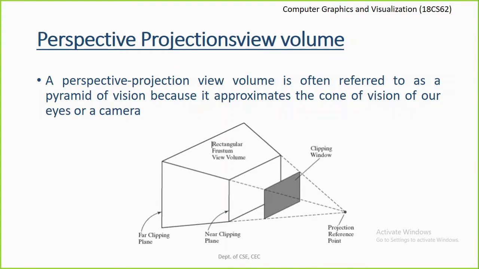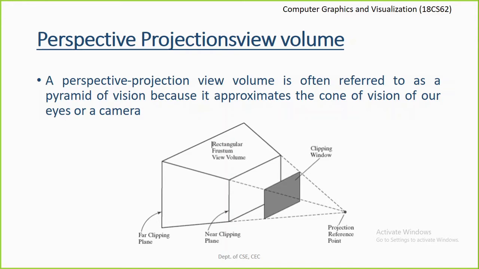Till now we have discussed the view volume related to the orthogonal or orthographic projections. So let us try to understand what is the shape of the perspective projection view volume. A perspective projection view volume is often referred to as a pyramid of vision because it approximates the cone of vision of our eyes or a camera. So this perspective view volume is based upon how a human eye or a camera looks at a given scene, right?